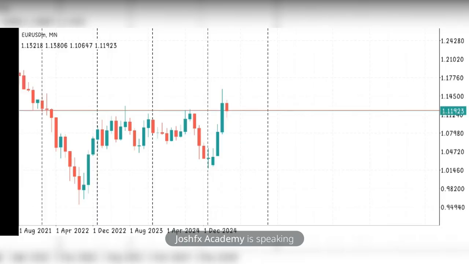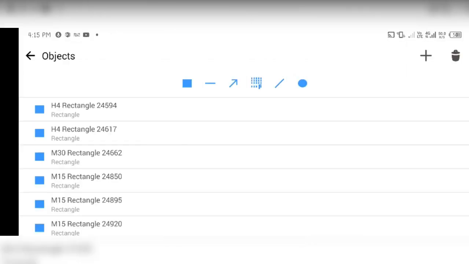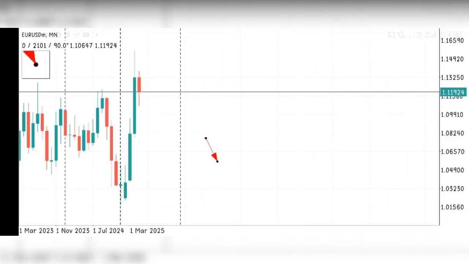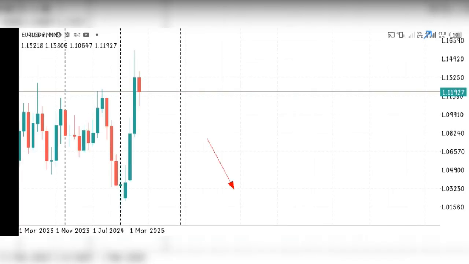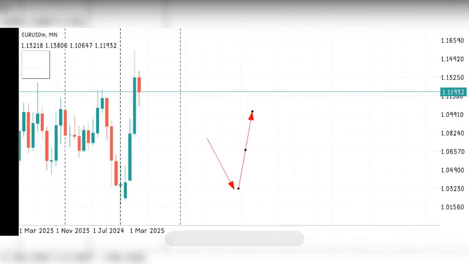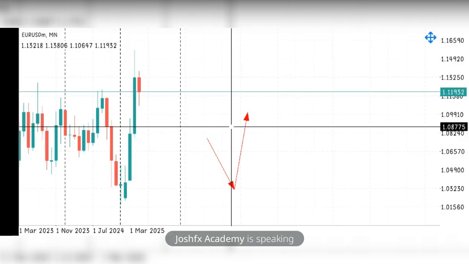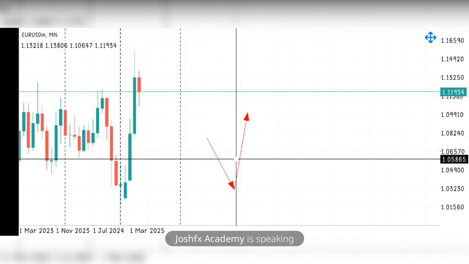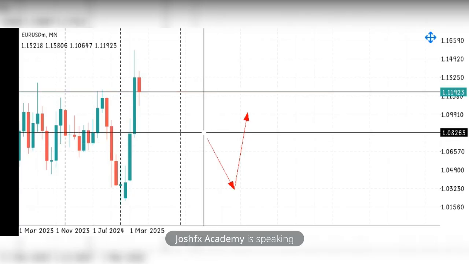Let's assume that you're opening your chart for the first time, and this is what you have. Remember, I said the external range is the previous high or low.